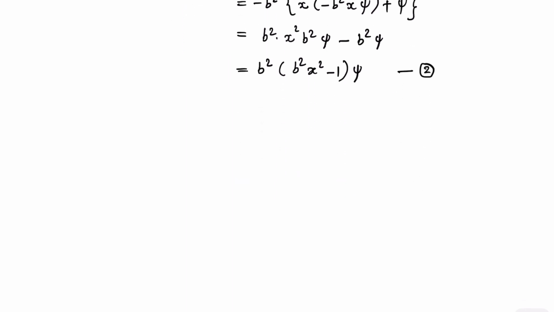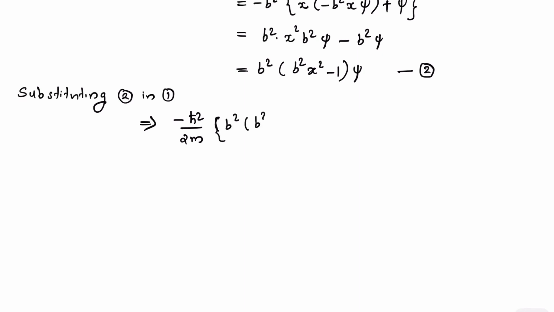Now put the value of d squared psi by dx squared from equation 2 in 1. We will get minus h bar squared by 2m into b squared x squared minus 1 into psi plus V of x into psi of x, that is E into psi.